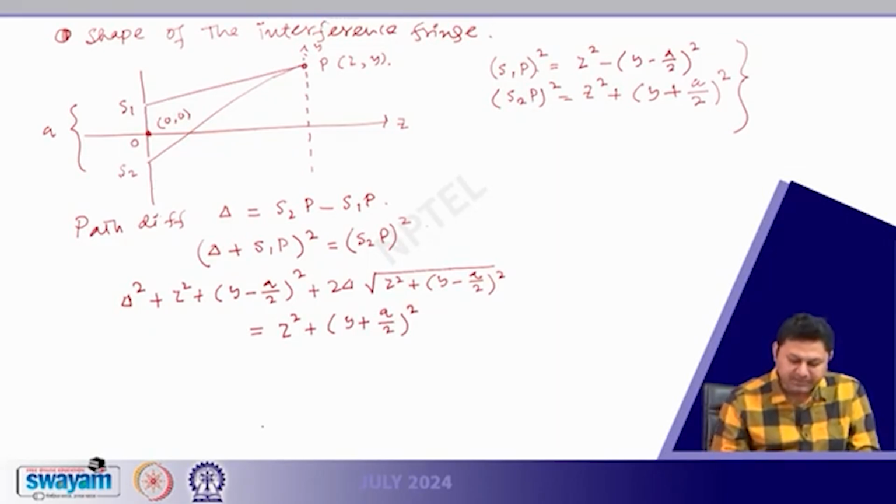Now there are several terms that should be cancelled out. For example, here z square will cancel out, y square will be cancelled out, and the a by 2 square term will be there on both sides, so that will be cancelled out.